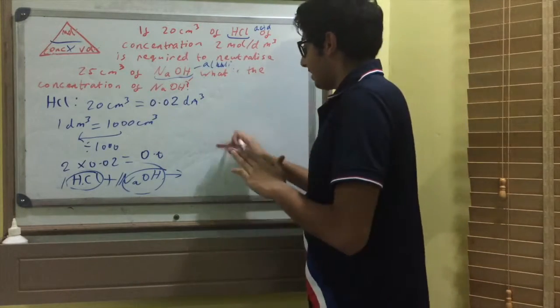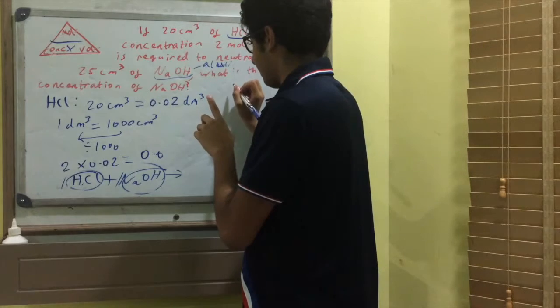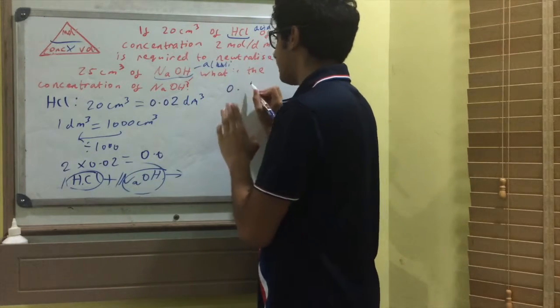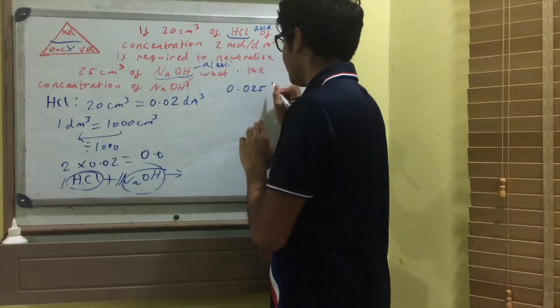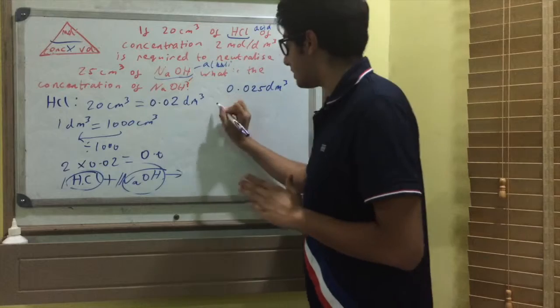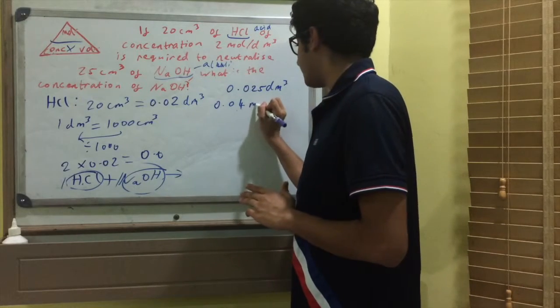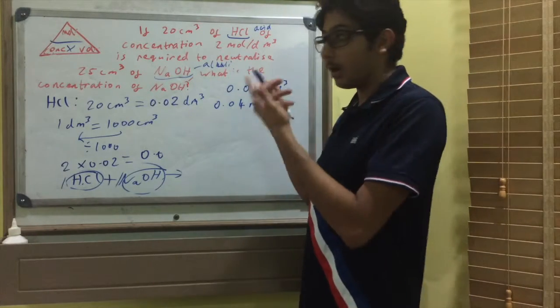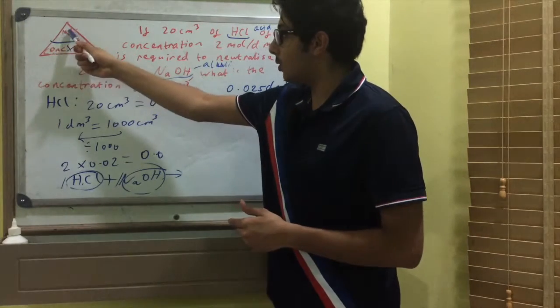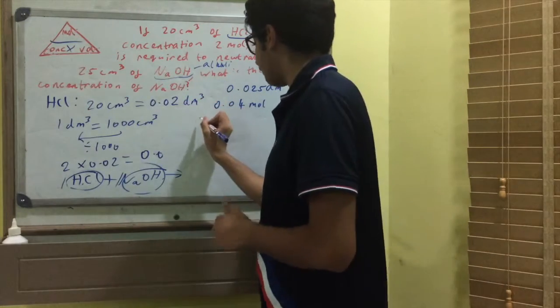Okay. So, we know that in decimeters cubed the volume is 0.025. And we just figured out that the ratio is 1 to 1, so it has 0.04 moles. Concentration, how do we work that out? Concentration is moles divided by volume.